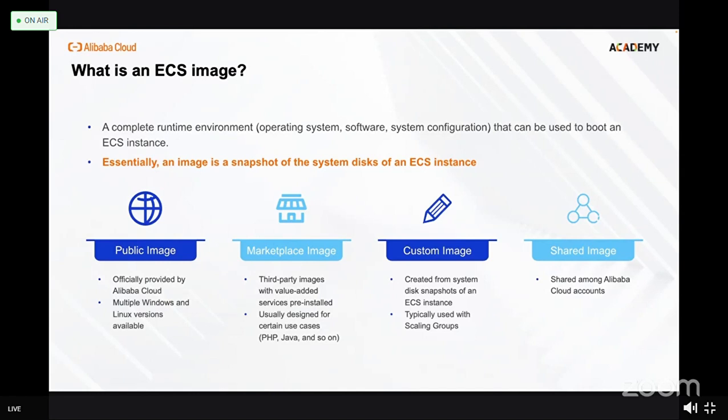Lastly, we have the shared image. I mentioned in the custom image, I create some images, right? In case you saw some application which I created, and you wanted that image from me, you asked me to share that image with you. So I will collect your account UID and share that image. It will be available in your account. Easy.